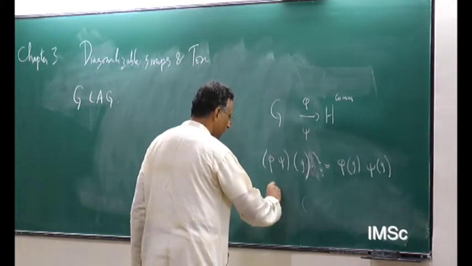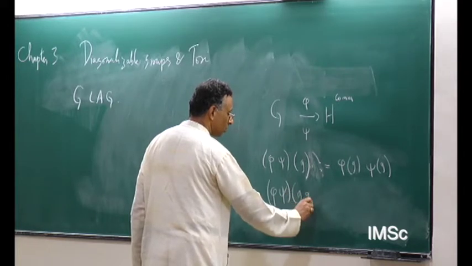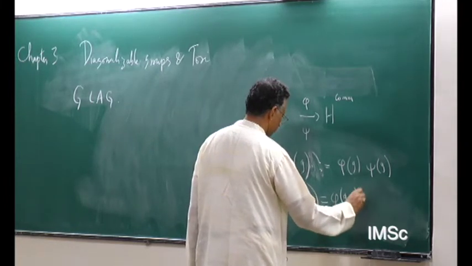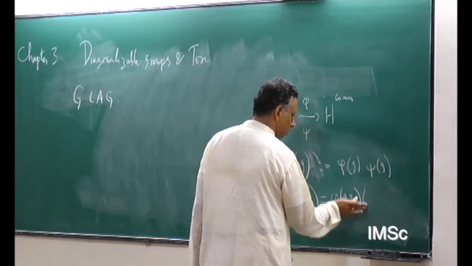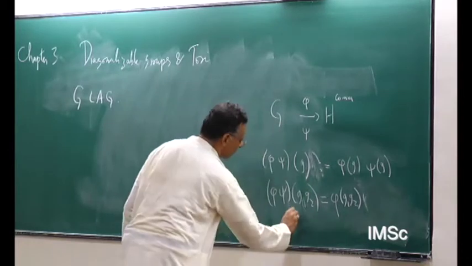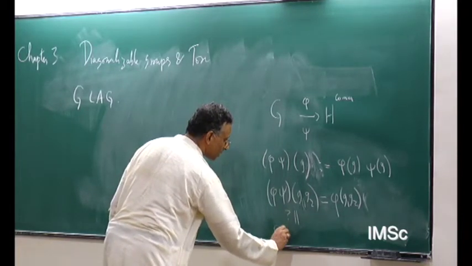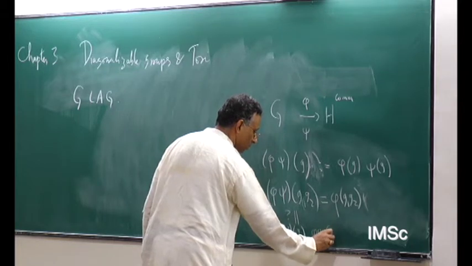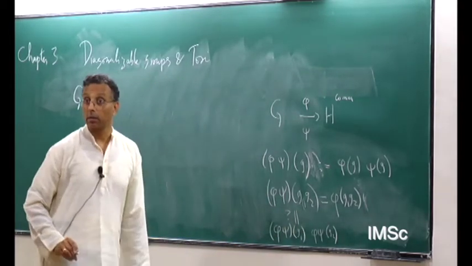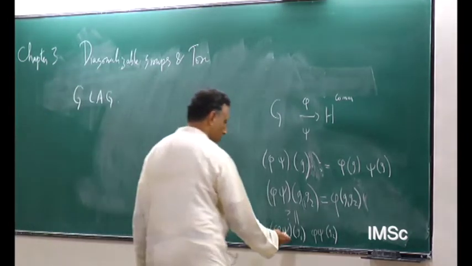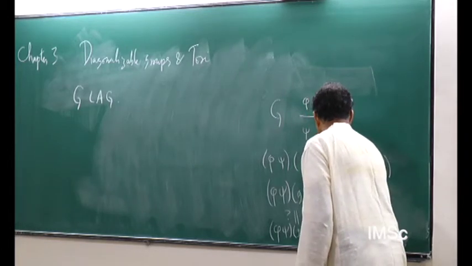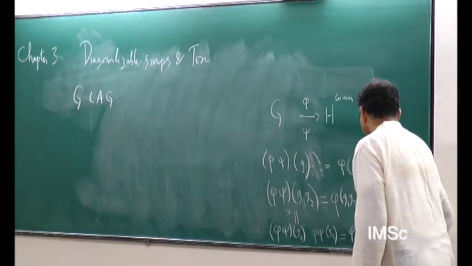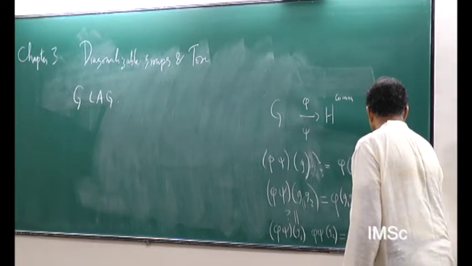So let's do it. We must check that phi psi of g1 g2 equals phi psi of g1 times phi psi of g2. This is what it means to be a homomorphism. On the one hand, by definition, it is phi g1 psi g1 times phi g2 psi g2.